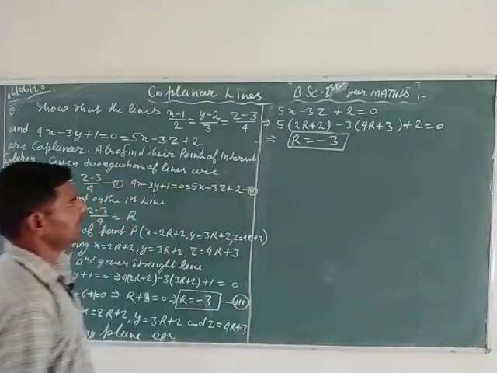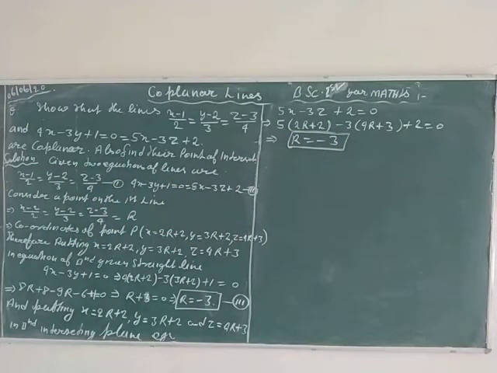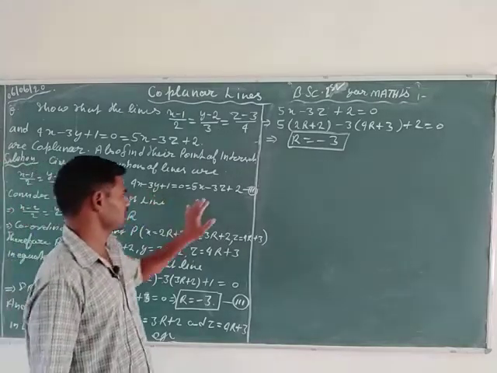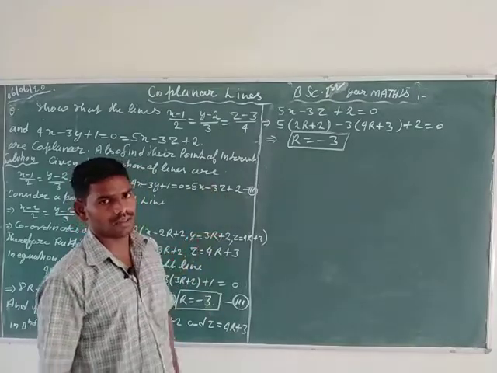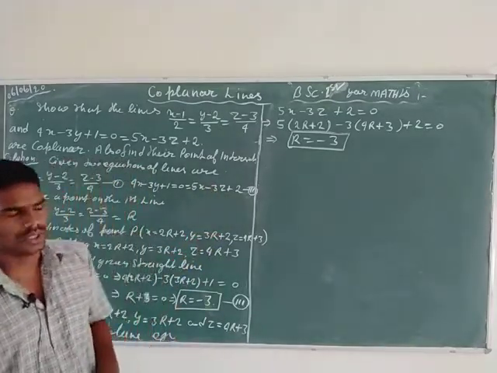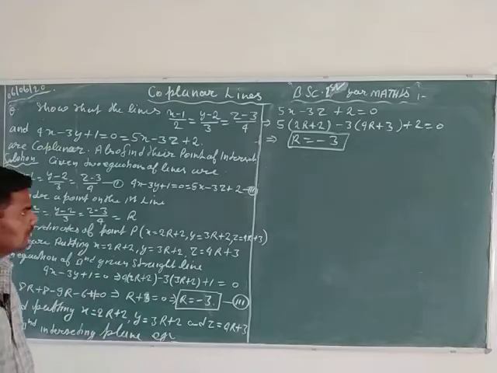So the value of r is the same from intersecting the first plane and from intersecting the second plane. So these two lines intersect each other, which means these two lines are coplanar.